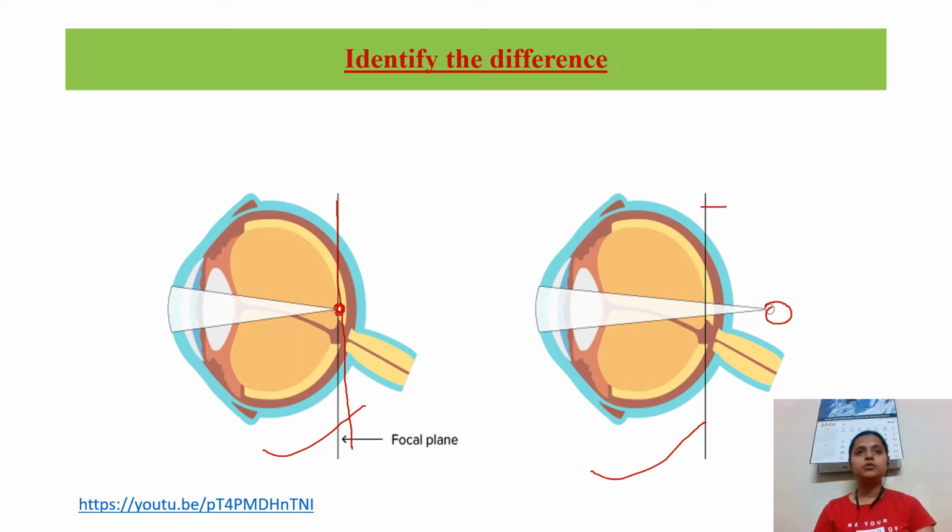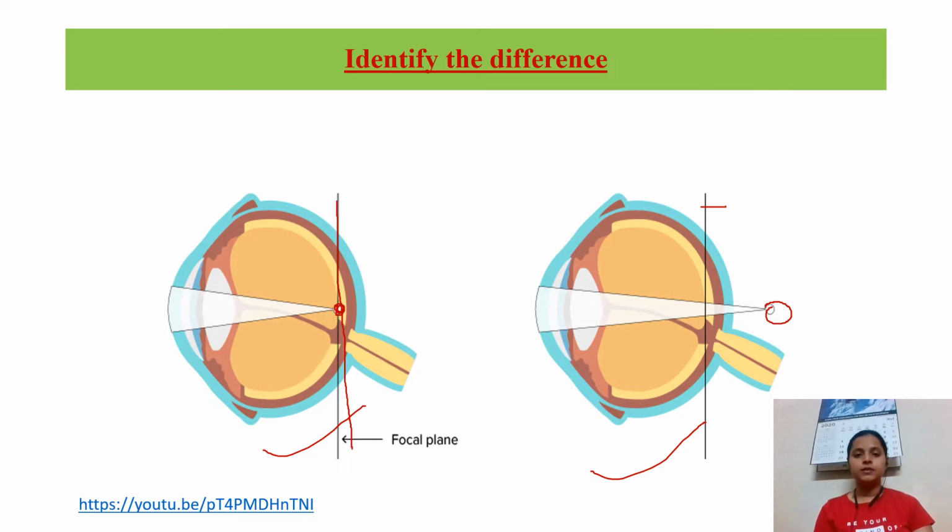And there are some students who cannot see the farthest objects clearly. Any idea why some people are not able to see near objects and why some are not able to see faraway objects? So what are those defects known as? Okay, yes. So today we are going to learn about hypermetropia.